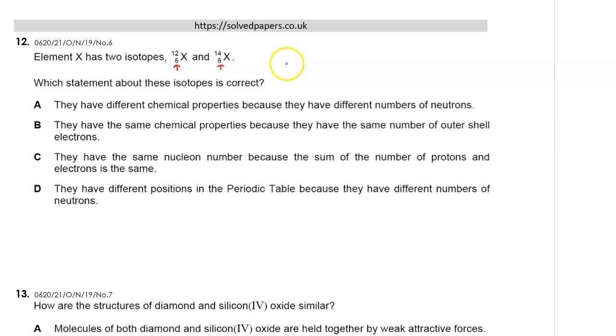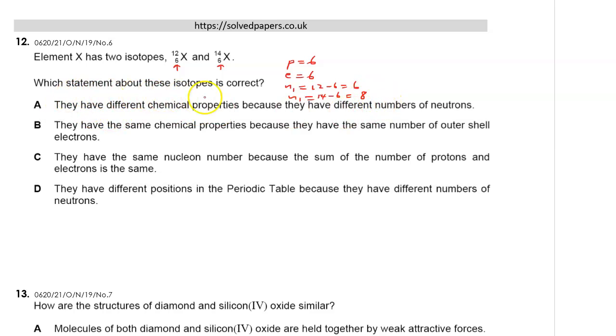So in this case, the protons are 6 and the electrons for both of them are 6. But the neutrons are different. For the first X, the number of neutrons is 12 minus 6, which is 6. And for the second X isotope, the number of neutrons is 14 minus 6, which is 8. So they have different numbers of neutrons.